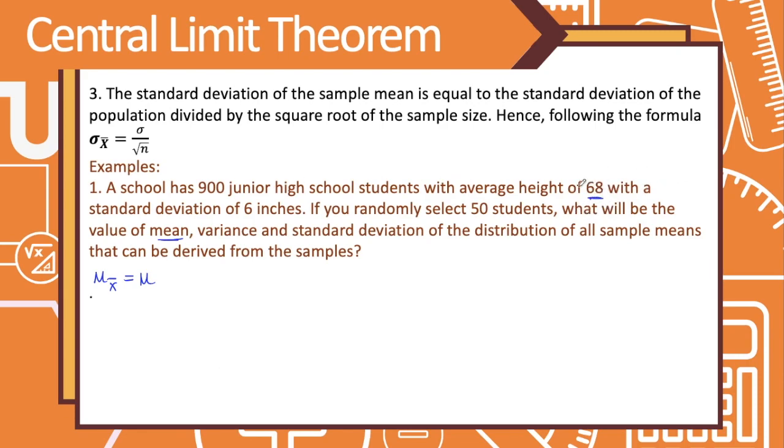Therefore, this 68 is the average of all the students, or of the whole population. So we can say that this is the population mean. So therefore, if this is the population mean, we can also say that this is the mean of the sample means. So the mean of the sample mean is equal to 68.